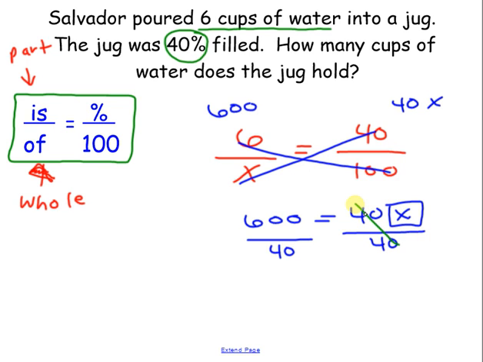The 40s are going to cancel. You're left with x equals, and 600 divided by 40 is going to give you 15. That means that the entire jug, when it's 100% full, can hold 15 cups of water.